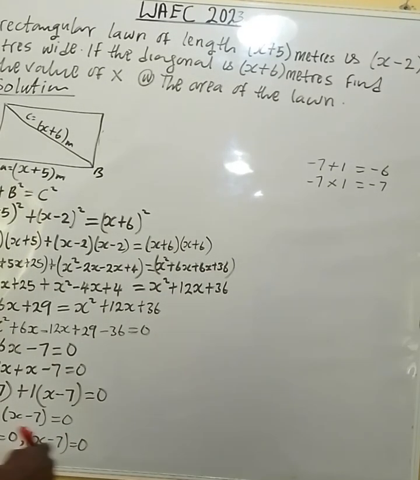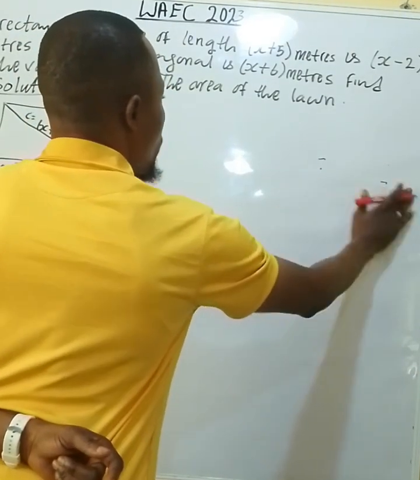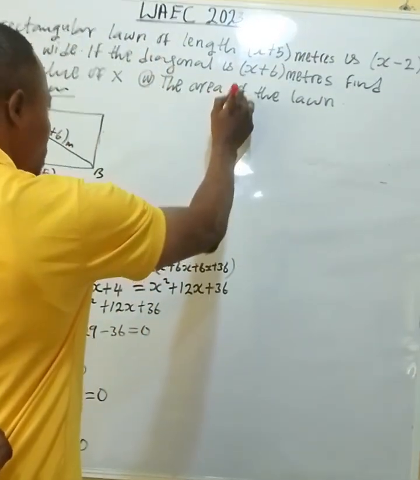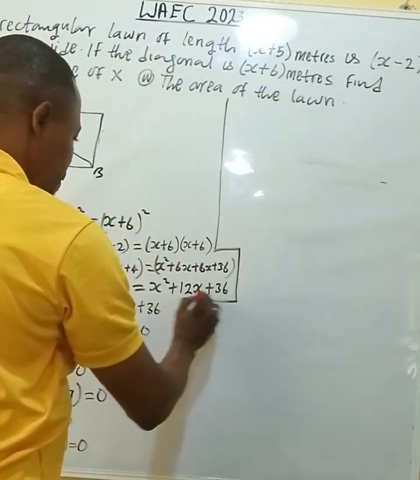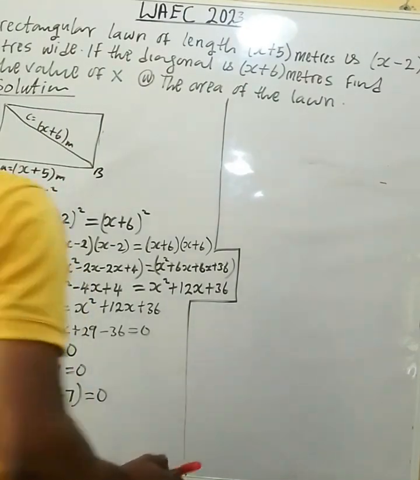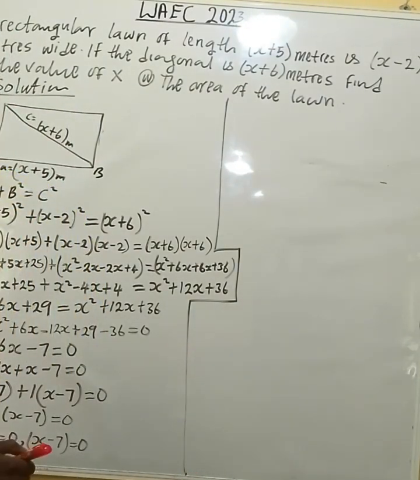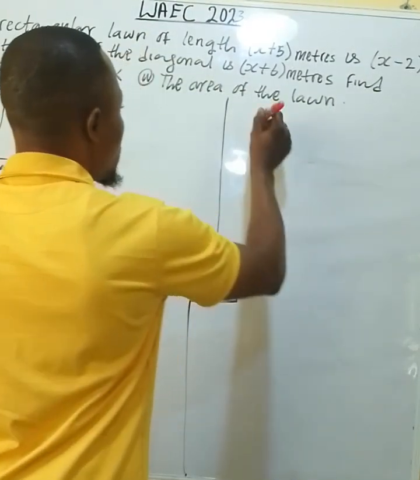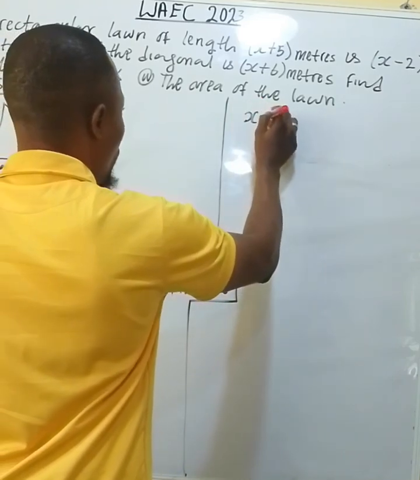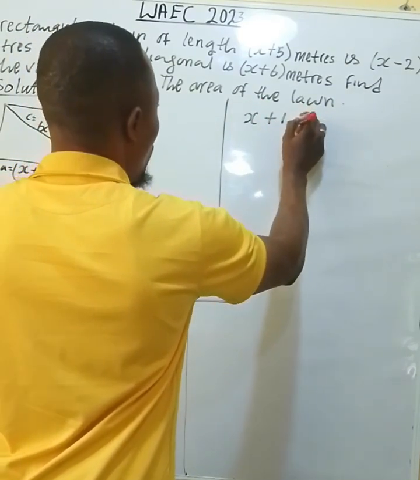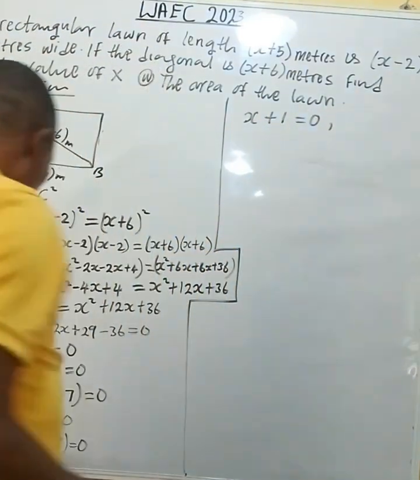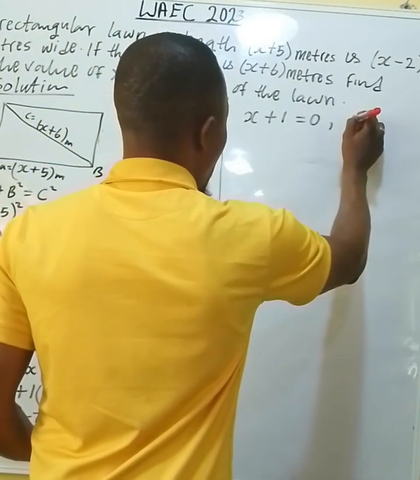So having done that, the next thing we are going to do is, let me divide the board first. So now x plus 1 equals to 0. So we just remove the bracket. So we now have x plus 1 equals to 0, comma, the second one too, we remove the bracket.